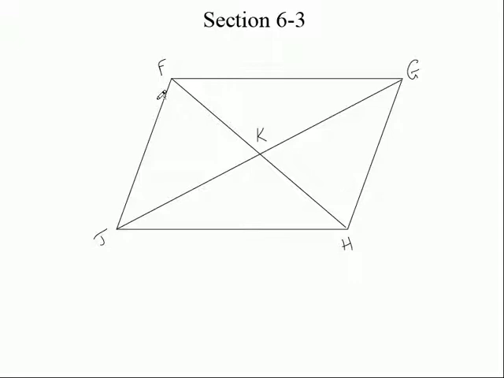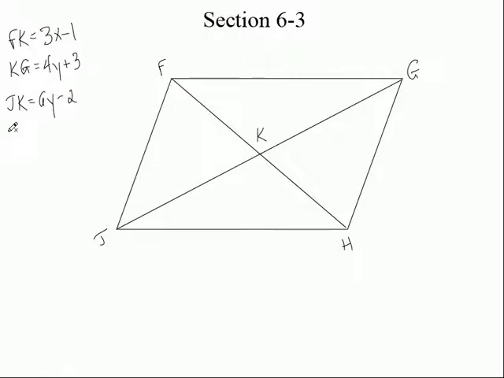All right, so here's something else that they tell you. They tell you right in the problem that FK is 3x minus 1. They tell you that KG is 4y plus 3. JK is 6y minus 2.